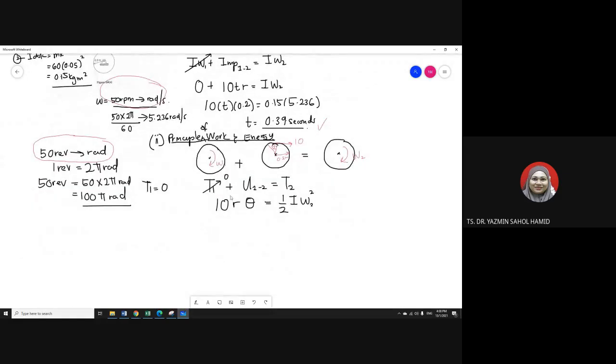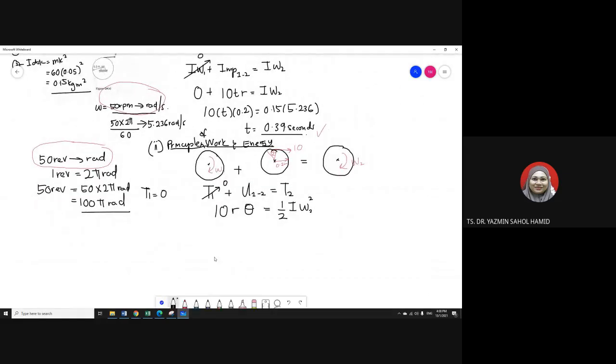Okay, let's go back here. We have 10, and then we have R, which is 0.2. And then we have our theta in radian, which is 100 pi. And then we have 1 over 2, and our I we have calculated earlier, which is 0.15 kilogram meter squared. What we need to find as our unknown is this omega squared.